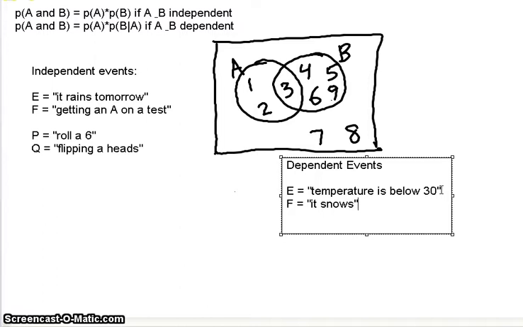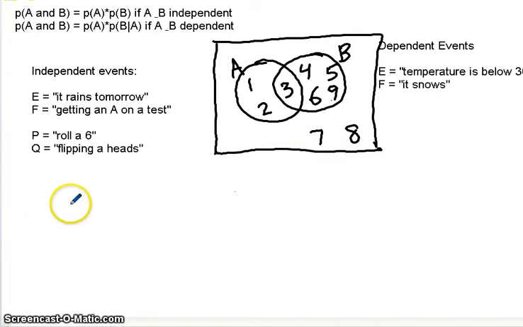Well, whether or not it snows does have a little bit to do with temperature. So I can say these events probably are not independent. So that's what we mean by dependent versus independent events.